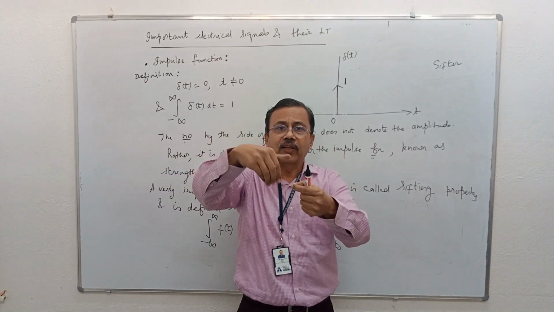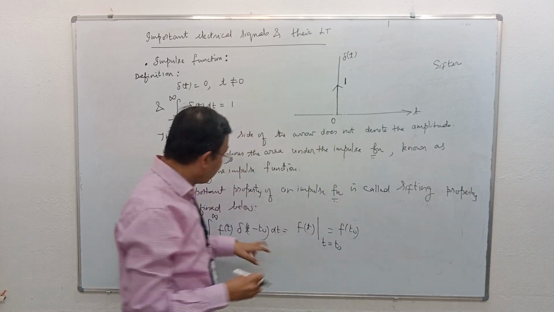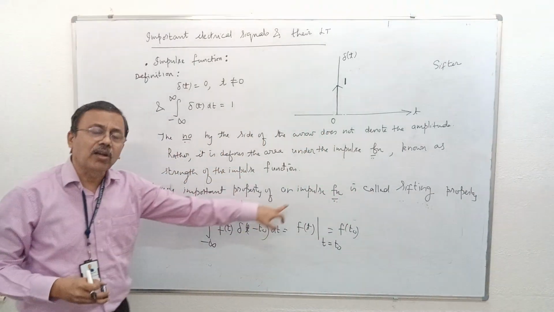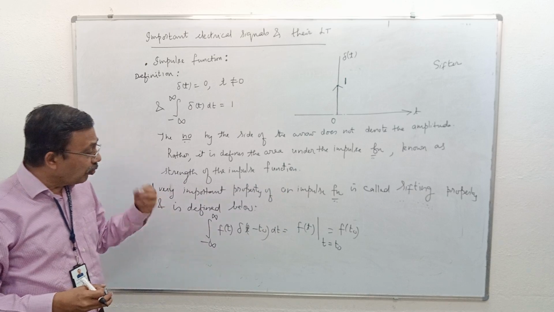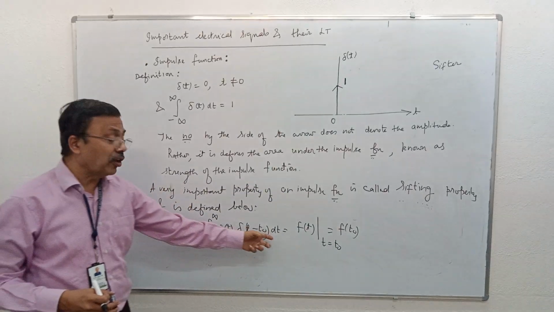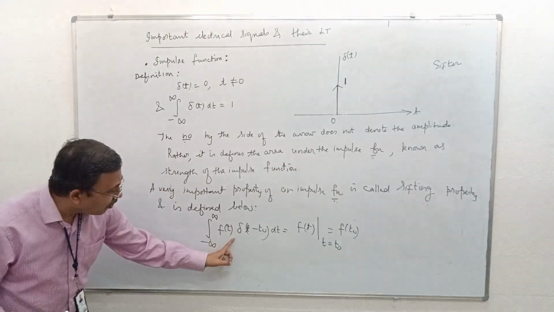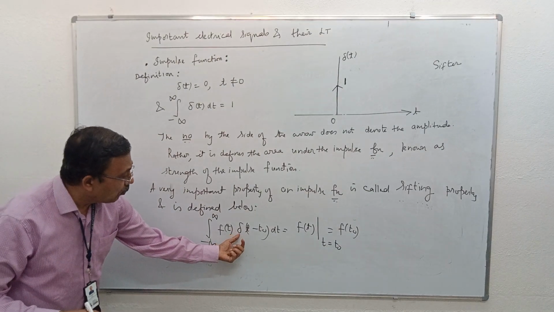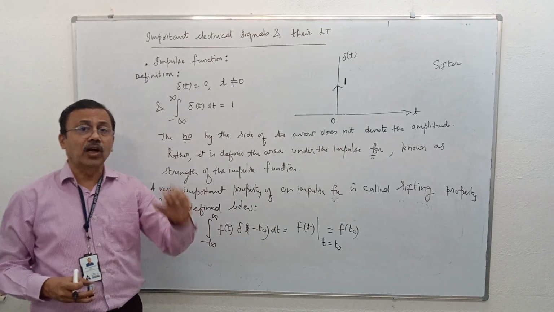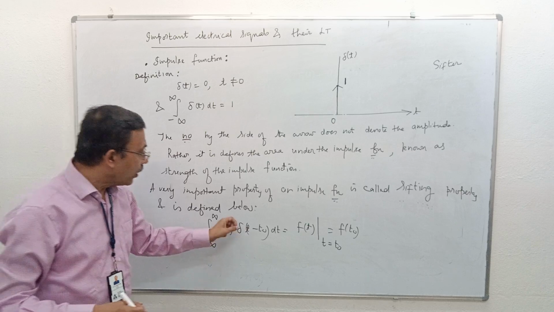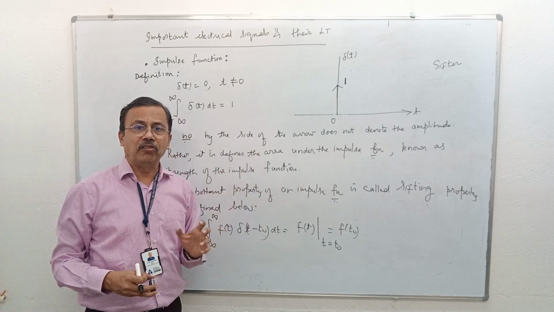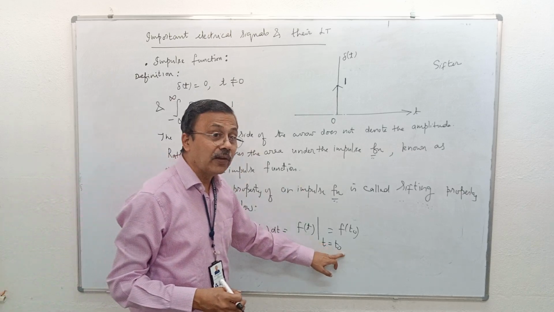Where holes are there. Here, where is the hole? The hole is created by the function delta of t minus t naught. How to get the location of delta of t minus t naught? The quantity inside the brackets of the impulse function, namely t minus t naught, equate it to 0. You get t is equal to t naught.